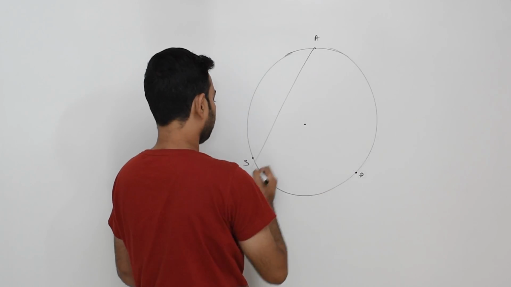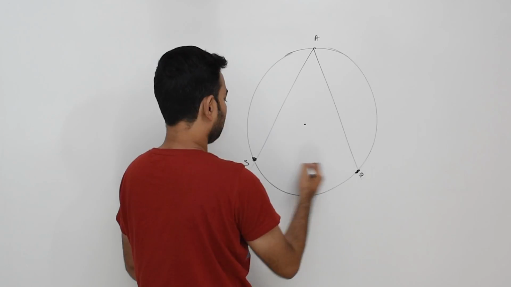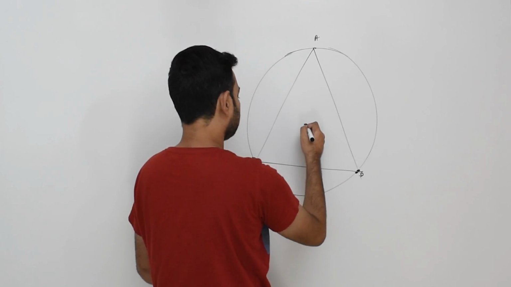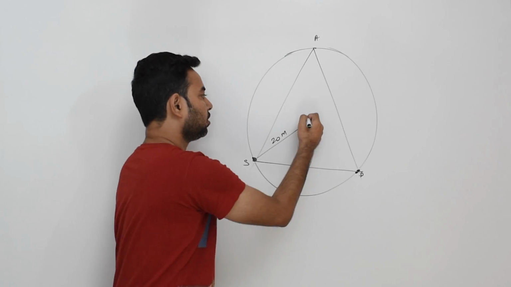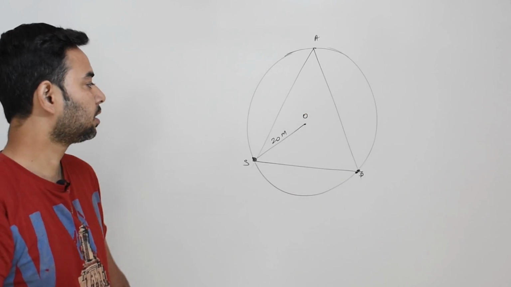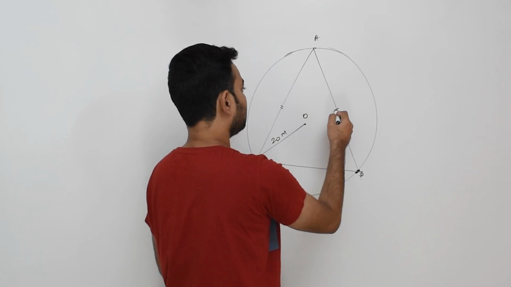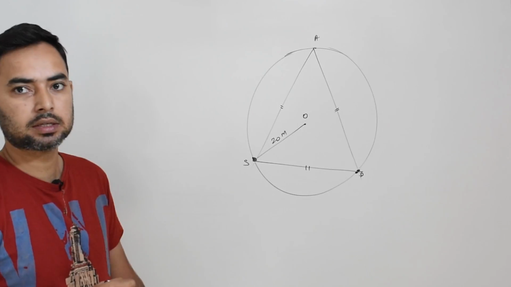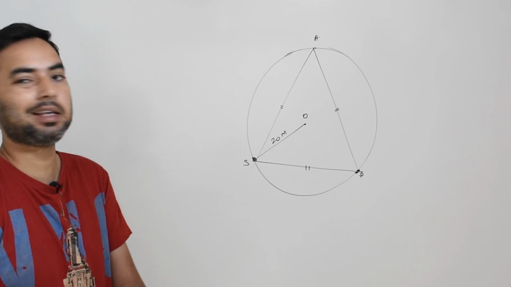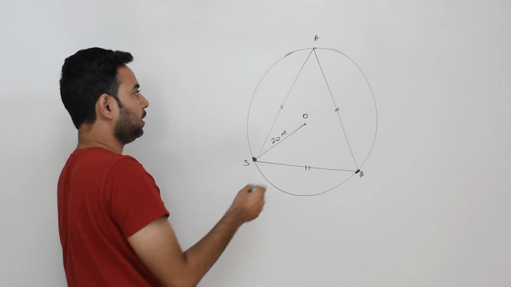These are the three friends standing on the circumference of a circle of radius 20 meters, and the length of the string of the toy telephone is equal. It means AS equals SD equals AD.